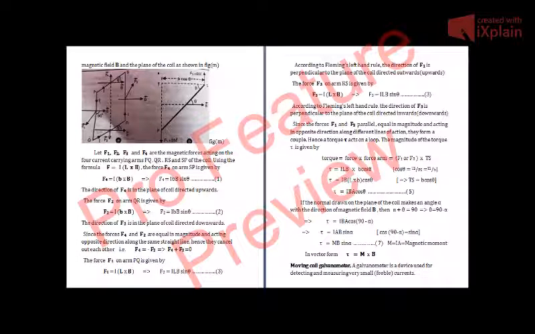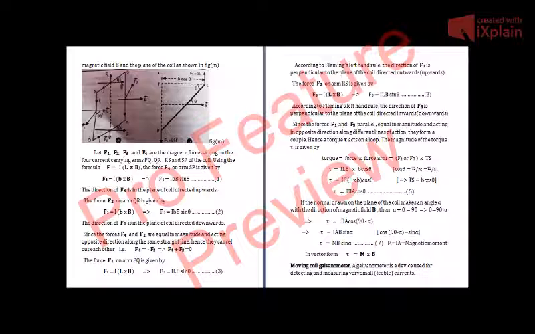If you draw a line, as I have drawn a dotted line between F4 and F2, they are acting along the same line, so the two forces are opposite and equal, they will cancel out. When the two forces are equal and opposite, we represent them as F4 is equal to minus F2, and if we take minus F2 towards LHS, it will become F4 plus F2 equal to 0.